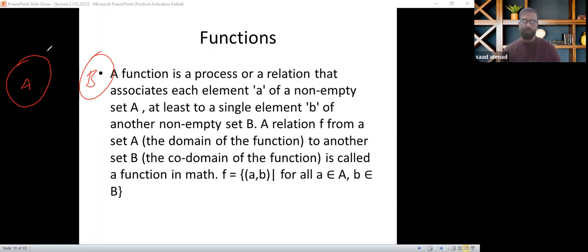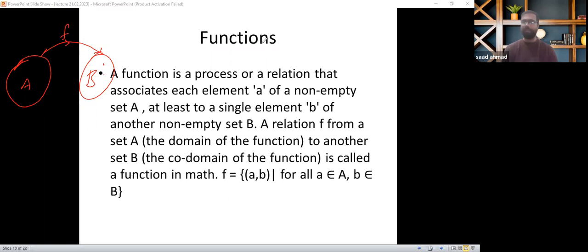Let's say this is f, the function. It takes the input from the set A. It processes it, whatever the machine does, whatever its function is, and then it gives the result as something in the set B. So that's basically what it does.